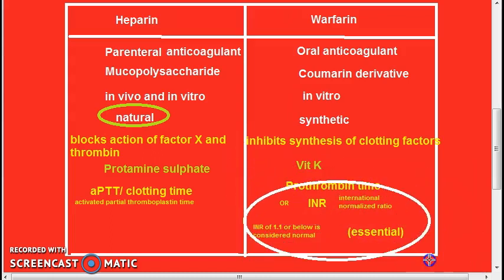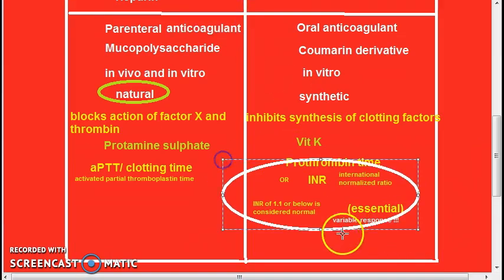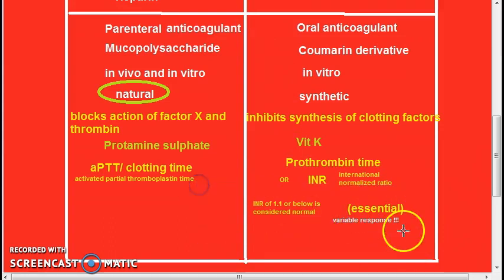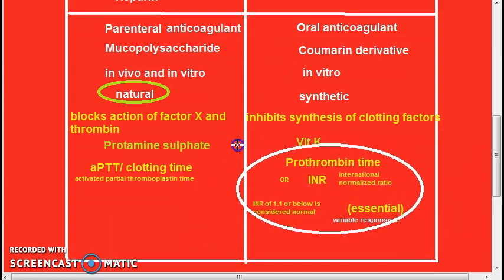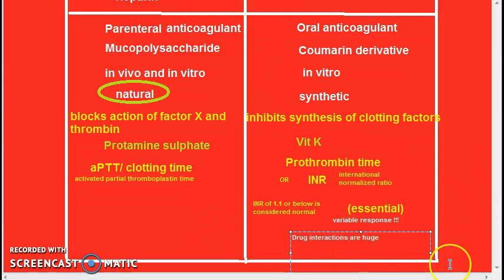If it is below 1.1, then it is normal. Okay. Please note that warfarin can have a variable response. It is going to have many drug interactions. Hence, you have to keep an eye on the prothrombin time. It is very important to monitor a person who is on warfarin. Drug interactions are huge, significant, you can say.